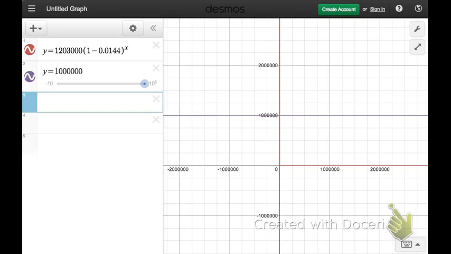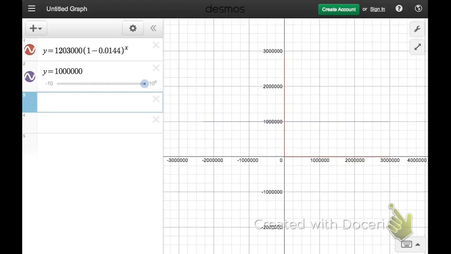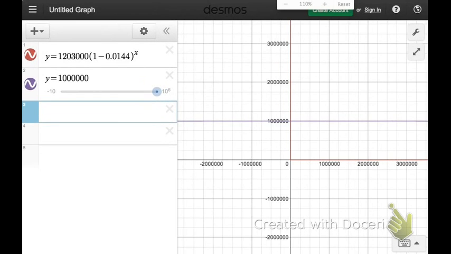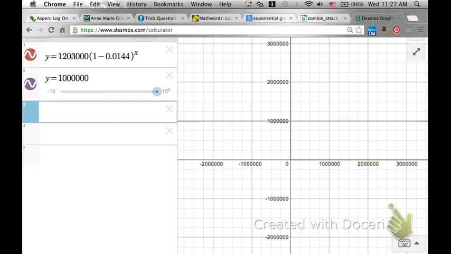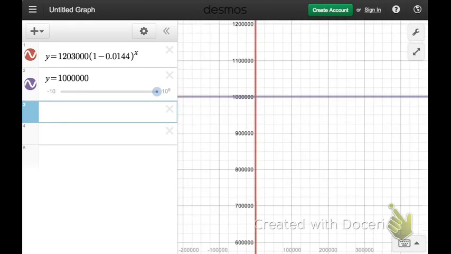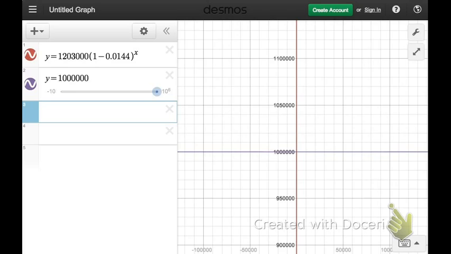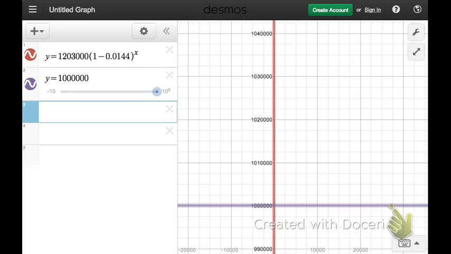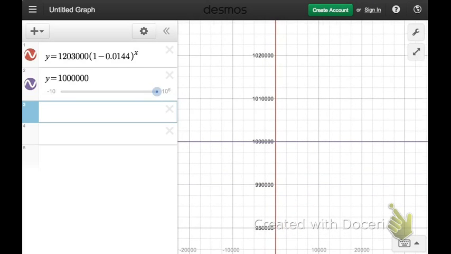Okay, so I had to zoom really far out to show this graph, but I will zoom in a little bit so you can see what this looked like here. So the purple is the y equals 1 million. The red is the exponential function.